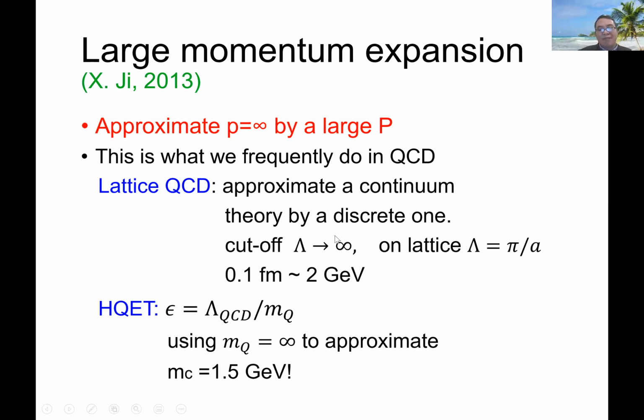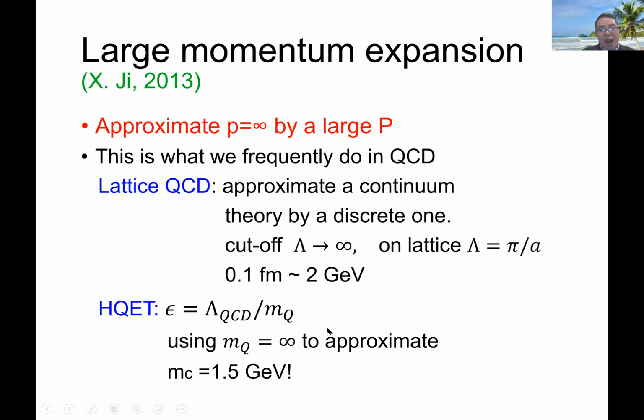And we use a momentum cutoff, which is equal to pi over a, where a is the lattice spacing. Many people use a lattice spacing of 0.1 Fermi, which corresponds to a lambda of about 2 GeV. So we're approximating an infinite momentum cutoff with 2 GeV.